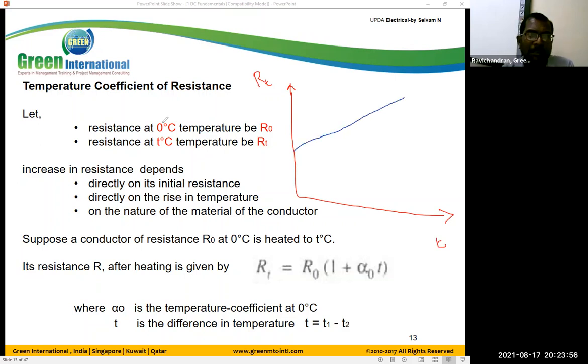So, for example, now we have discussed the green color wire. Now I take a blue color wire. It also has, for example, 8 ohm at 0 degrees Celsius.